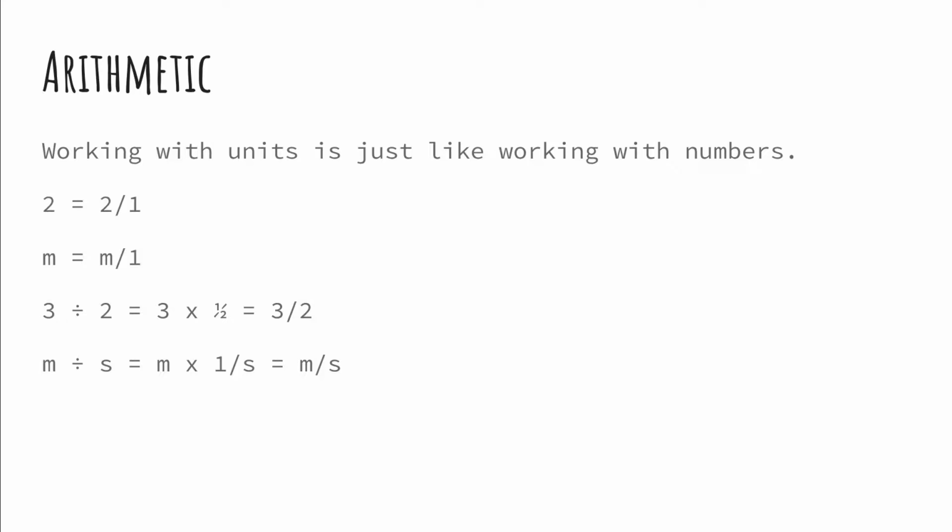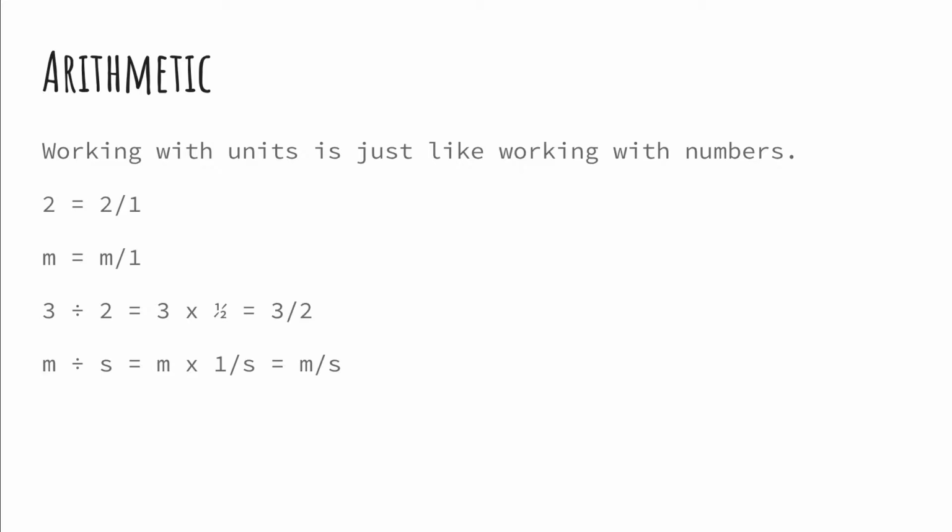It's equal to 3 halves. In the exact same way, meters divided by seconds is meters times 1/seconds, or meters per second. You need to be able to manipulate numbers and units.